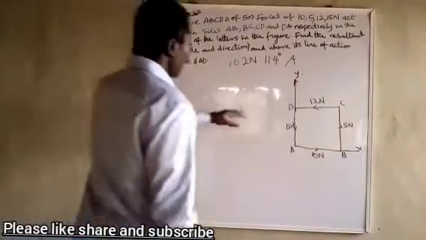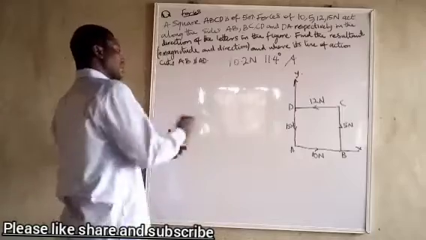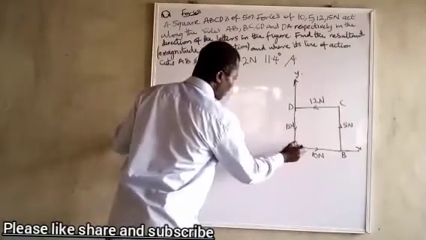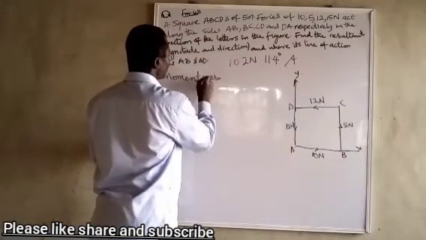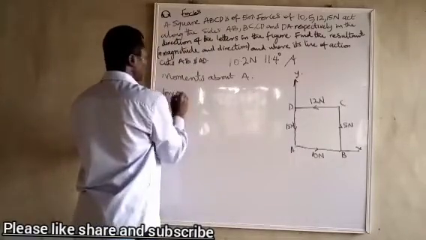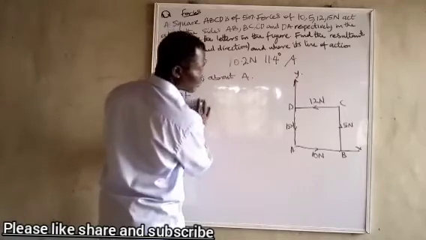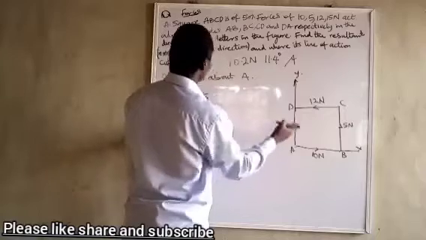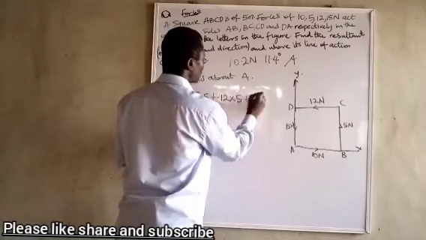Let's find the total moments, clockwise and anti-clockwise, so that we know the direction it tends to rotate to. We have it like this. About A. Let's find the moment about A. So this one will be 10 times 0 plus 5 times 5, and this one plus 12 times 5 plus 15 times 0.